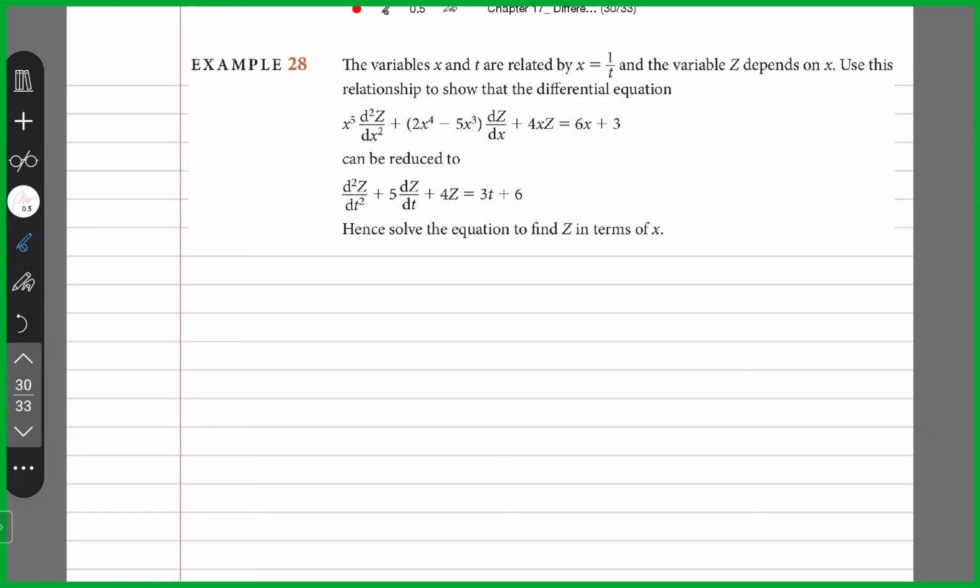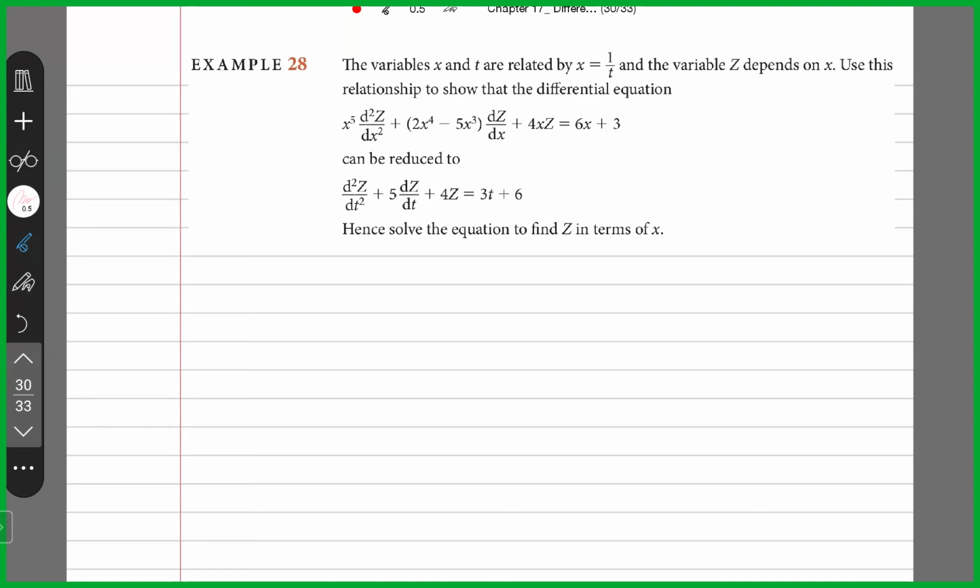Use this relationship to show that the differential x to the fifth d2z by dx squared plus, open bracket, 2x to the fourth minus 5x to the third, dz by dx plus 4xz is equal to 6x plus 3 can be reduced to d2z by dt squared plus 5 dz by dt plus 4z is equal to 3t plus 6. Hence, solve the equation to find z in terms of x.